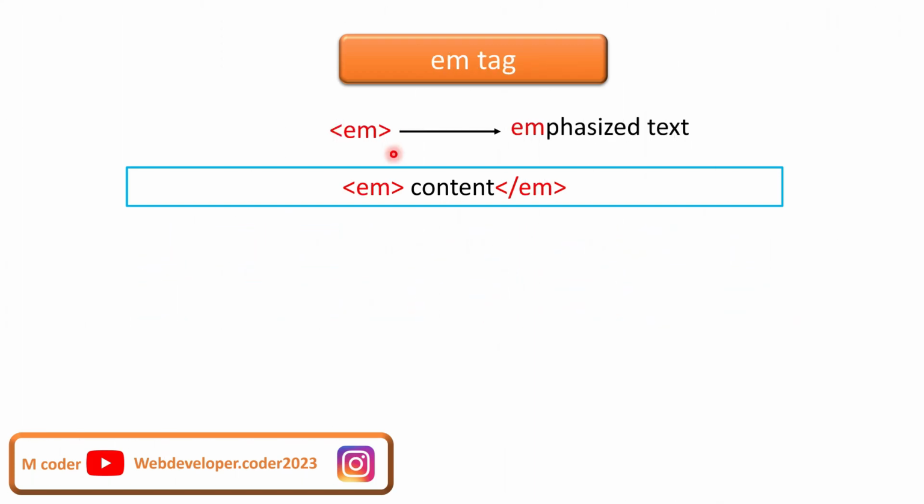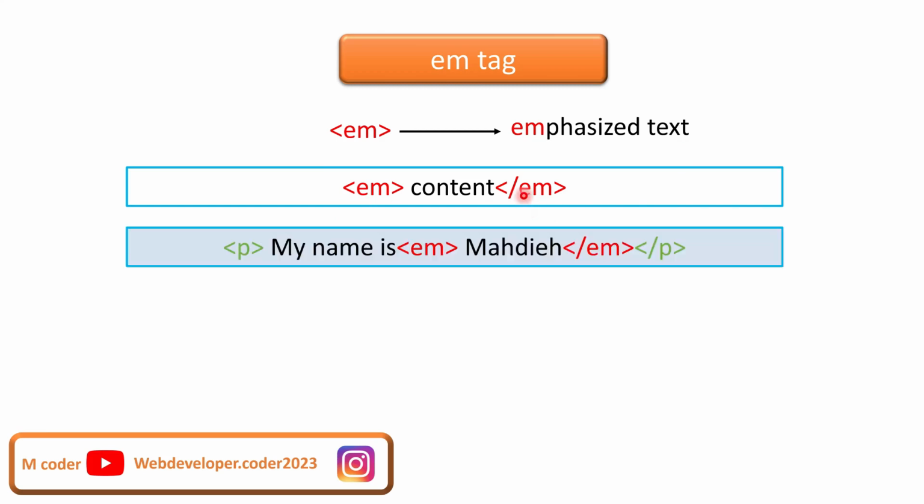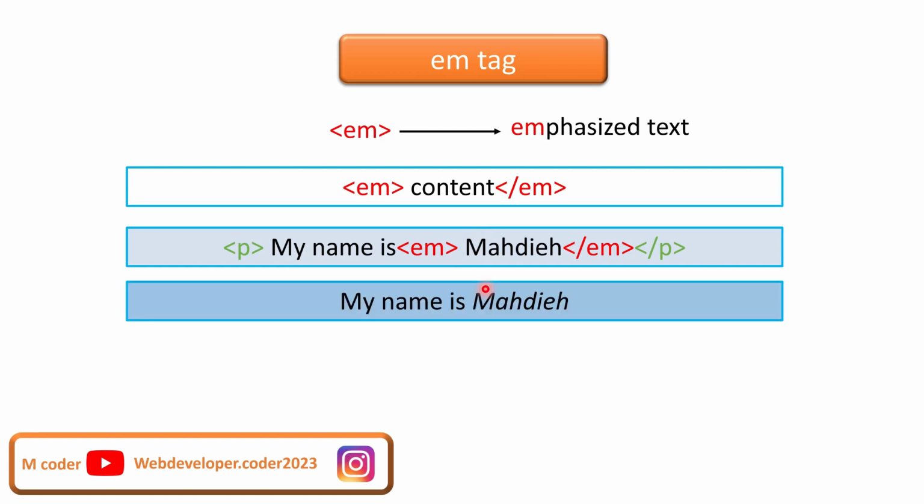The next element is the EM element, which is an abbreviation for emphasized text. We place the content between the open and closing EM tags. Where is it used? My name is Mahdiye. Its output is exactly like the I element, an italic text.